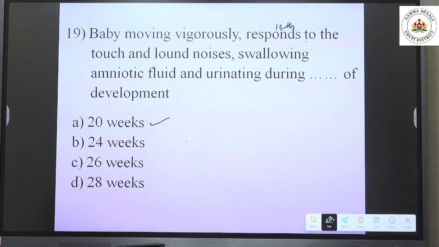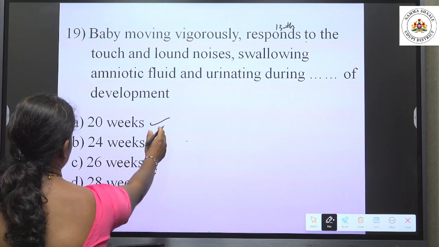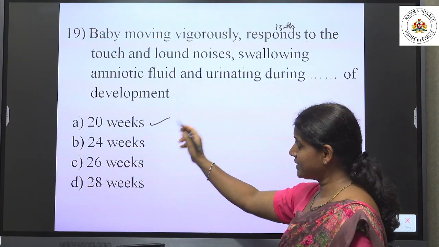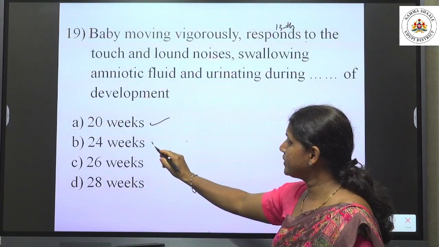So swallowing of amniotic fluid is required for the growth and development of the lungs and digestive system, and urinating occurs around the 20th week and the 24th week.